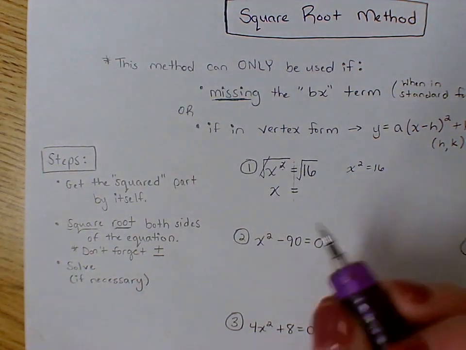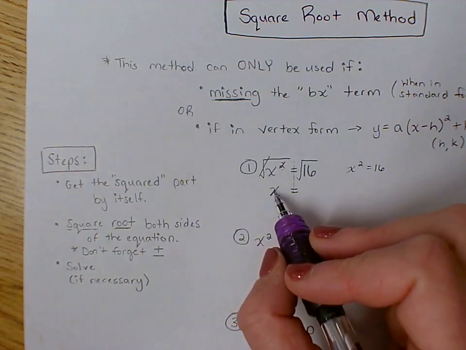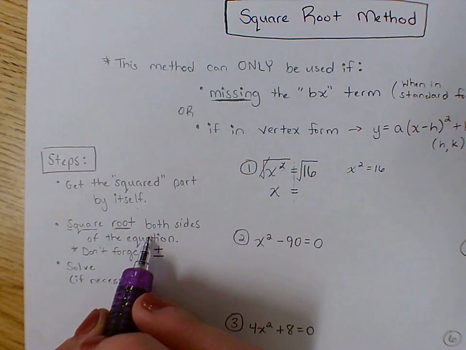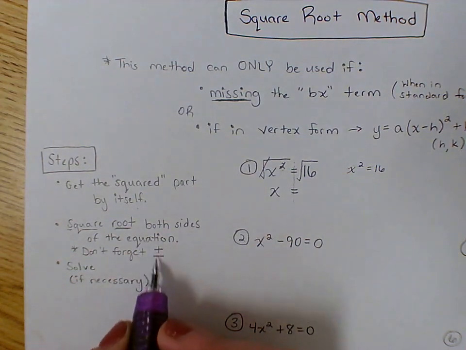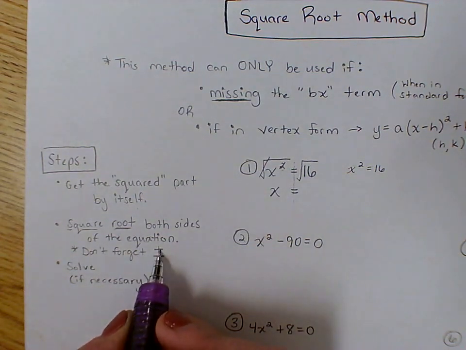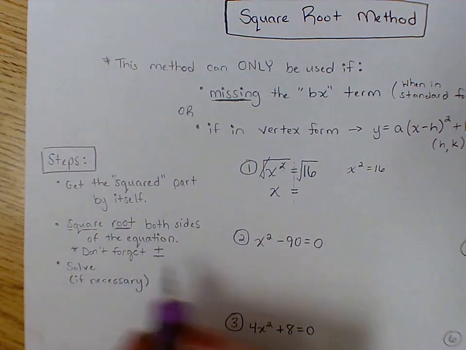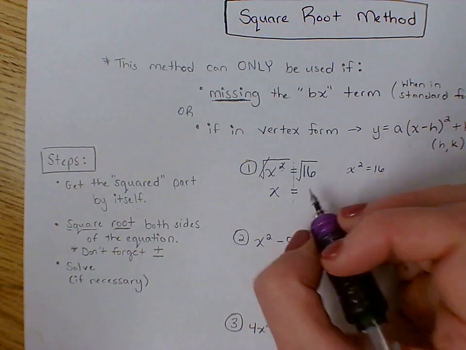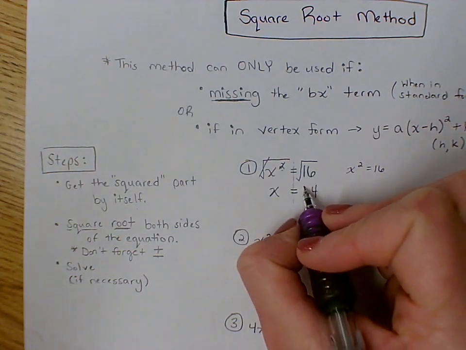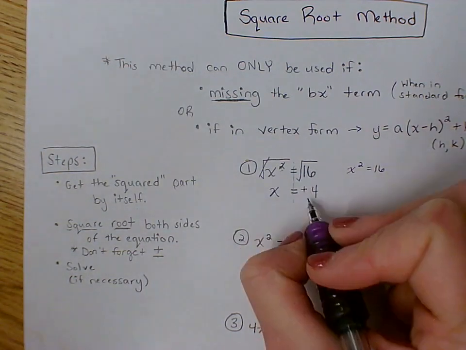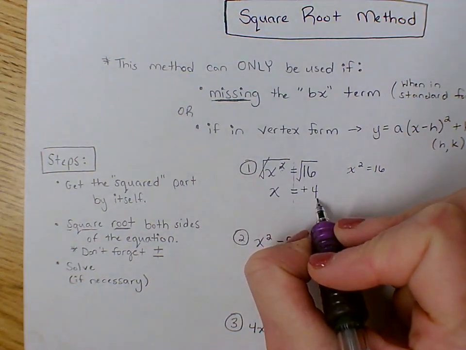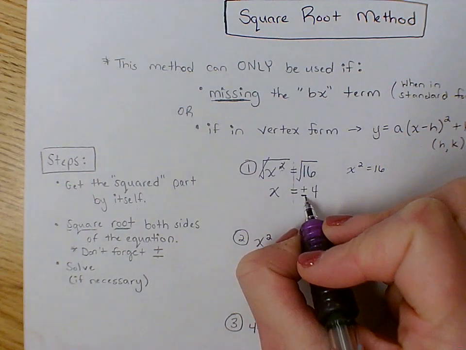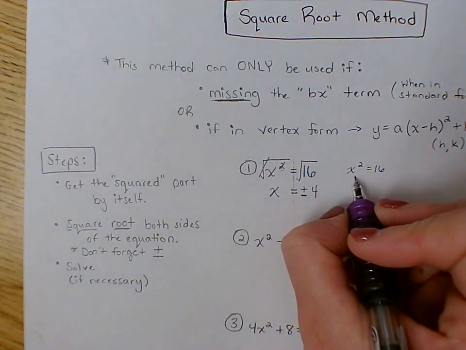So the reason I say that is because when you solve and you end up taking the square root like you did here, you actually will have two answers. You're going to have a positive answer and a negative answer that would work for that, okay? So the square root of 16 is 4, but you have to put plus in front of it to represent that 4 would work, but then you also have to put a little negative in front of it to show that -4 would also work in that equation.